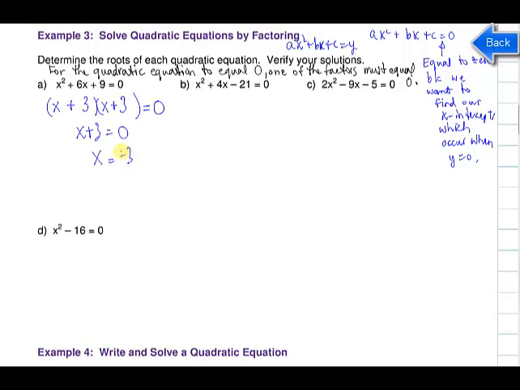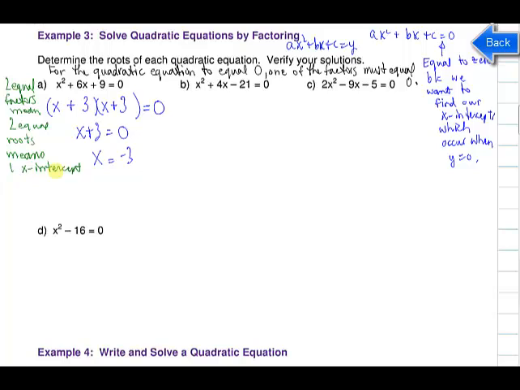Okay, so two equal factors mean two equal roots, which means one x-intercept.